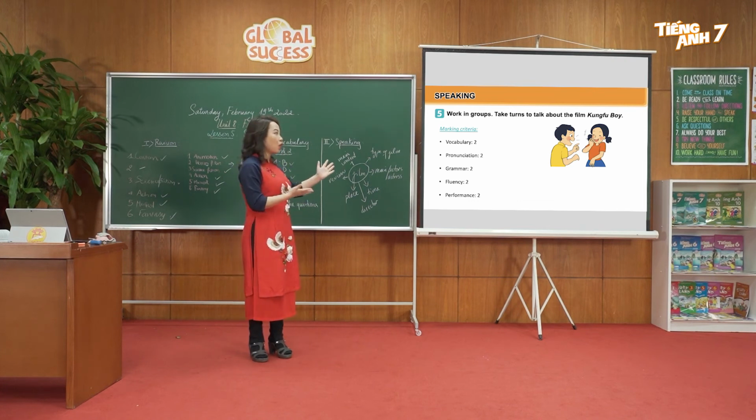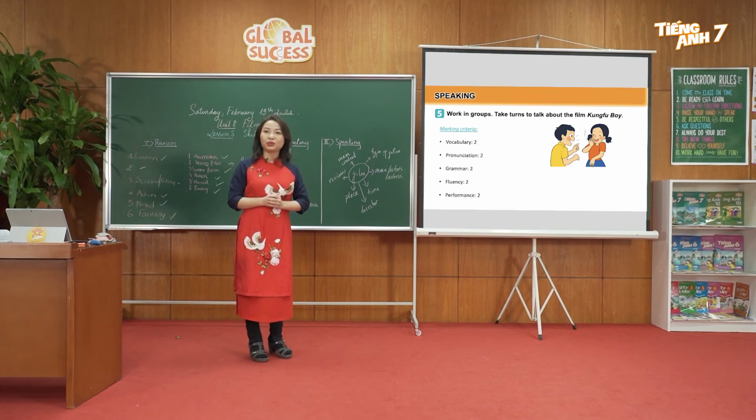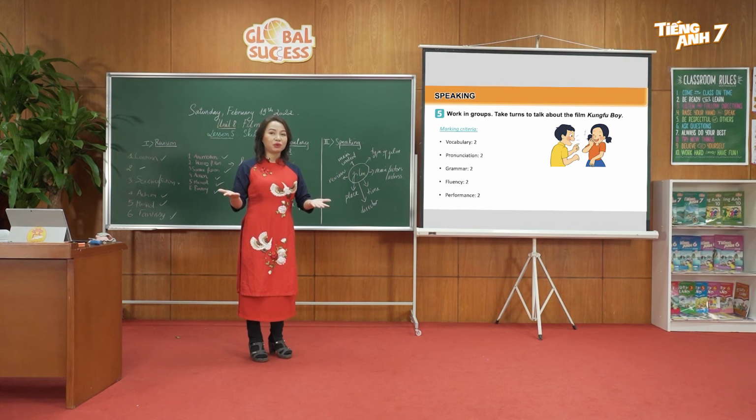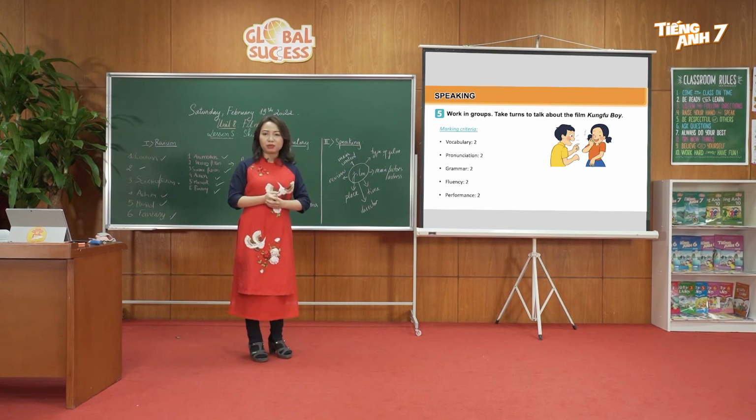If you use all the vocabulary in this lesson, you will get 2 points. If you pronounce the words correctly, you will get 2 more points. If your grammar is correct, you get 2 points. If you can speak fluently, you get 2 points.